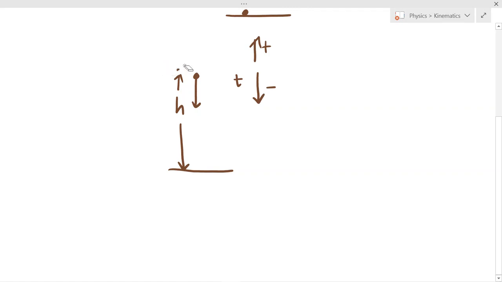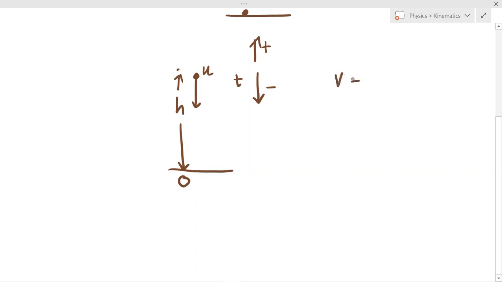Let's shift the origin here. Let's say this is our origin. Now let's say it is dropped with a certain velocity u. Let's take downwards. So u is the initial velocity, and we have to find what v is.